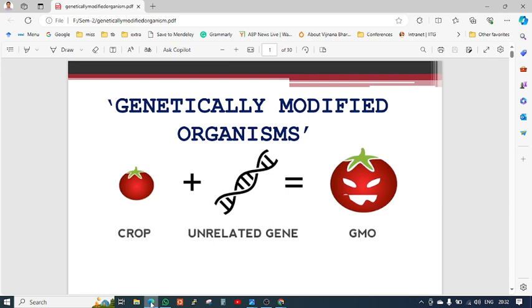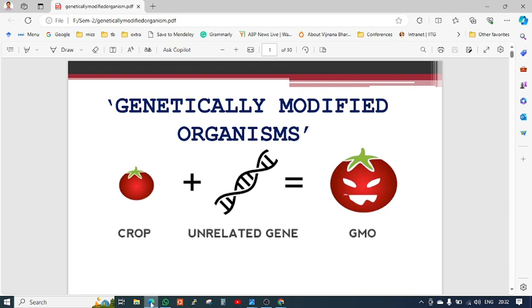Here one example is a crop, a tomato. Normally the shelf life of a tomato is maximum 10 to 15 days without preservative.